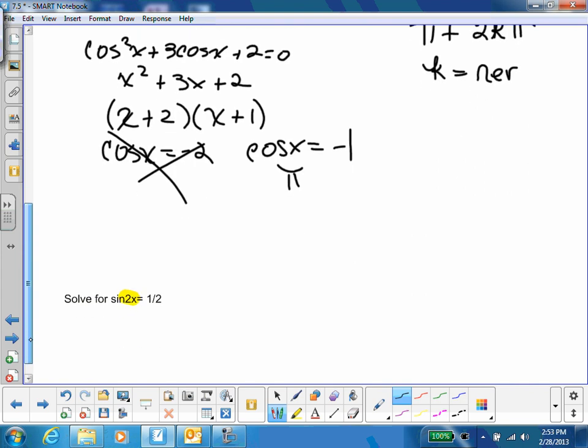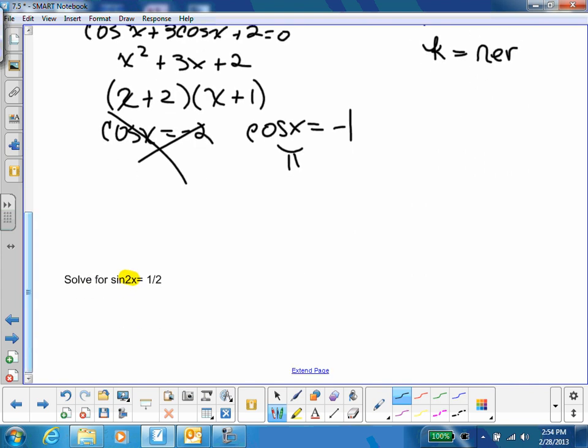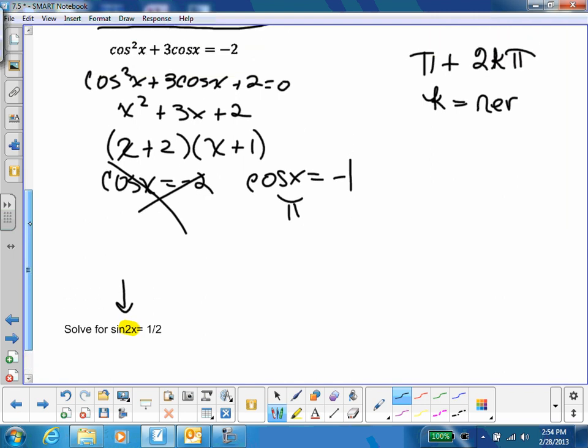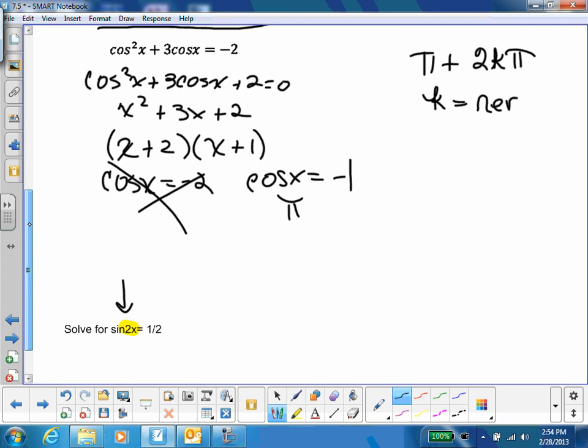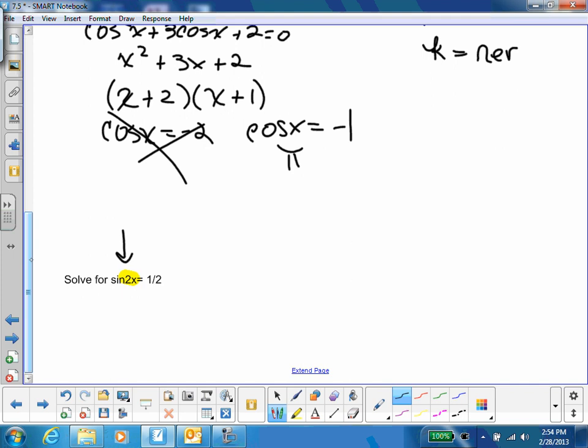All right, I got to do some more. I'm going to do this one. Here is my issue. Sine of 2x. This is a problem because in all of the other problems, what was our variable? 1x. And now I have 2x.